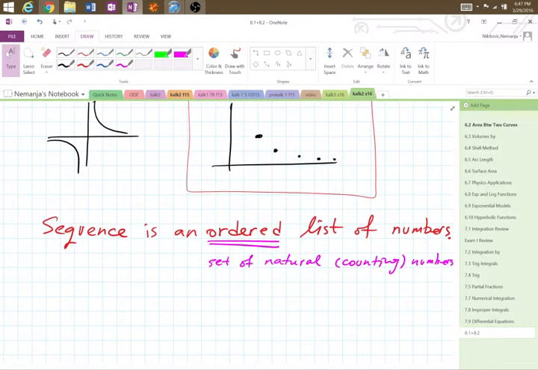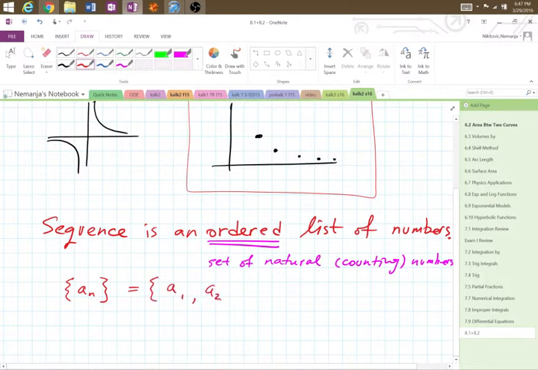So that means that the sequence, whose notation is a_n, can be a_1, a_2, a_3, a_4, ..., a_(n-1), a_n, ..., going on forever. The ordering is done through this set 1, 2, 3, 4, 5, 6, 7, which is what we get as the counter.